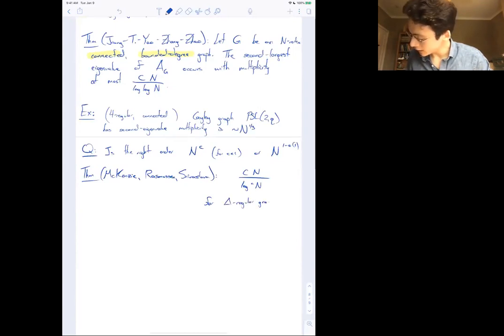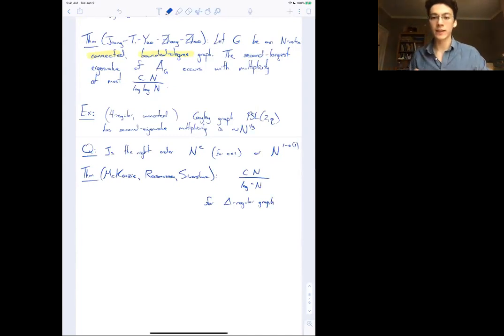So if your graph is connected and delta regular, then the second eigenvalue multiplicity is bounded by this n over log n, which is a quite interesting improvement. And I'd be very interested to see further improvements in this direction. So that's all I have to say today. I think now would be a good time to stop and take any questions anyone has.